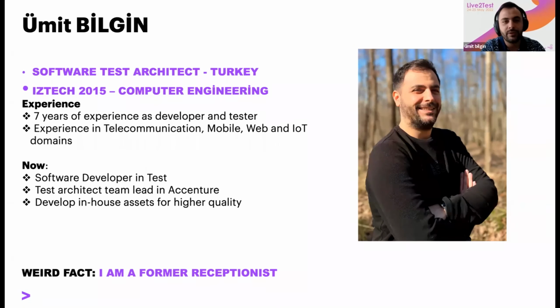In my 7 years in this industry, I have done manual testing, automation testing, led project test responsibilities, and acted as Scrum Master. So I have taken part in the majority of areas in software testing. Currently, I am a software developer in test at Accenture, and I am leading a team of test architects.